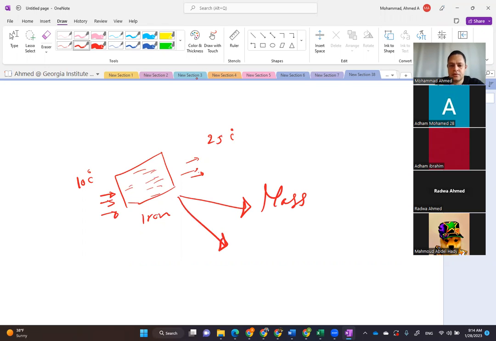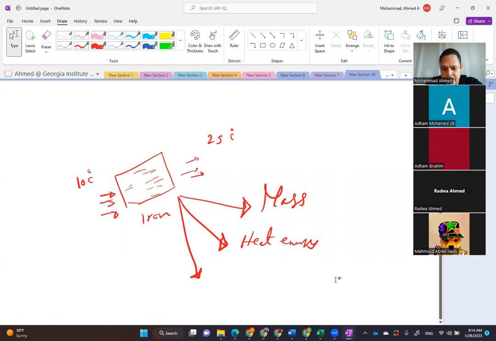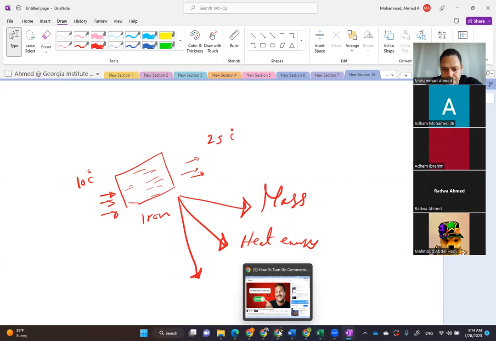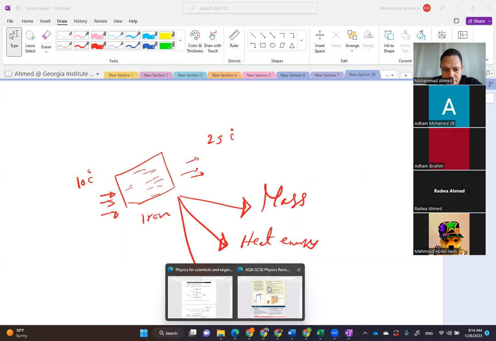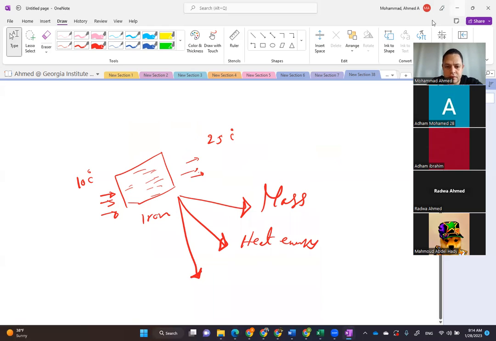Number two, the amount of heat energy transferred. And number three, the type of material.